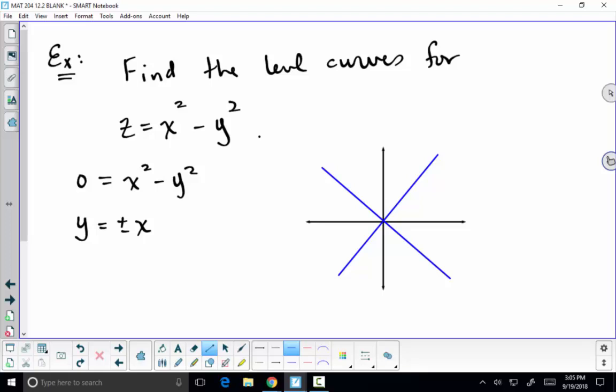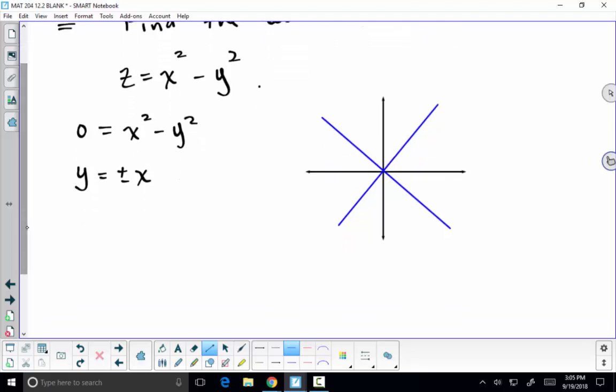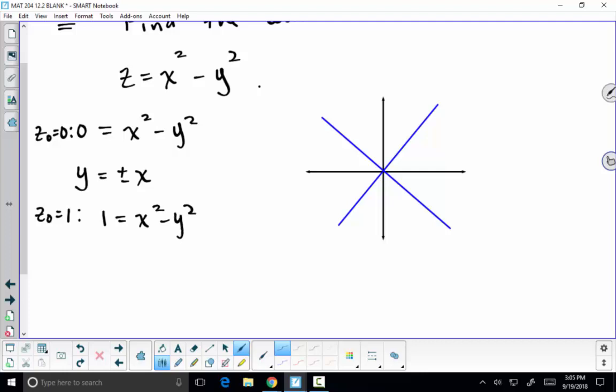All right. And then if we go up to the next one, so this was z naught equals 0. We go z naught equals 1. That gives us a sense of which direction we go to get above the xy plane. Which way are we going to get up? So x squared minus y squared is 1.